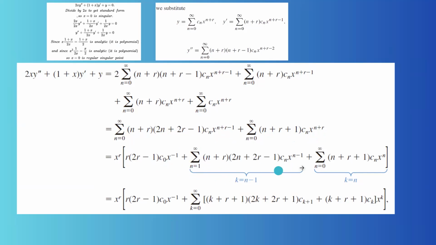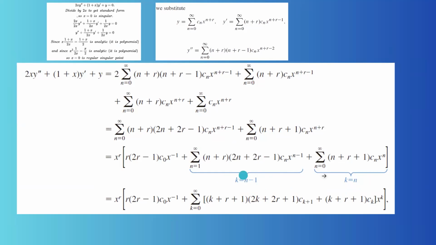But now, if you write the rest of the terms, it starts at 1, while this one starts at 0. You're going to make a little bit of adjustment. You're going to introduce a dummy index like k, and then combine these using the exact same index k. So k is defined as n minus 1 for the first, and k is just n for the second.